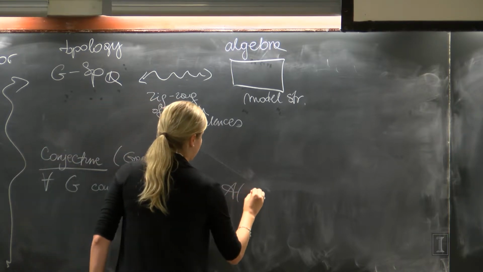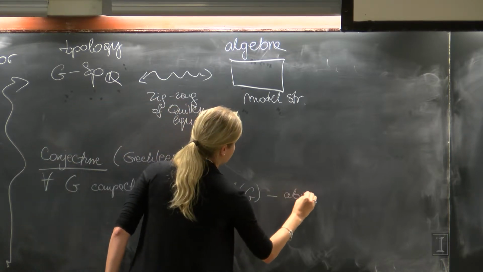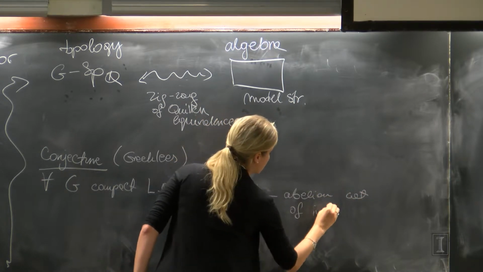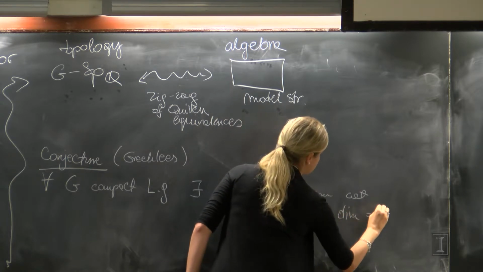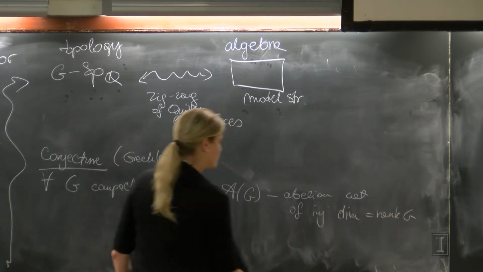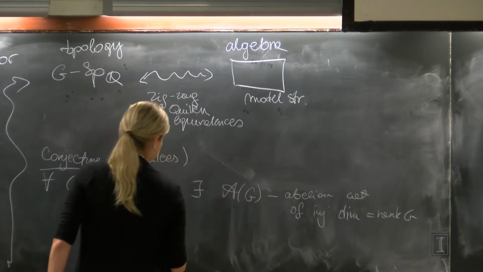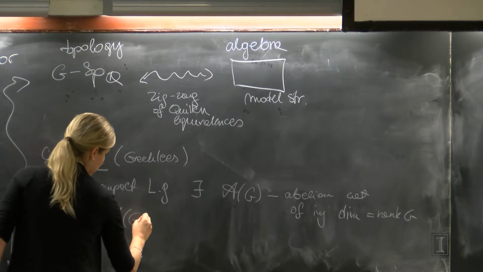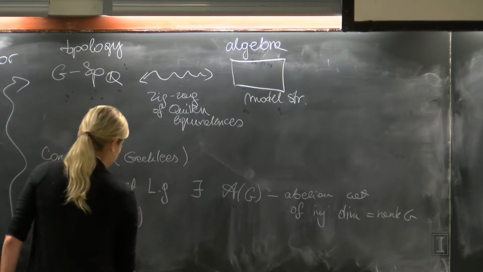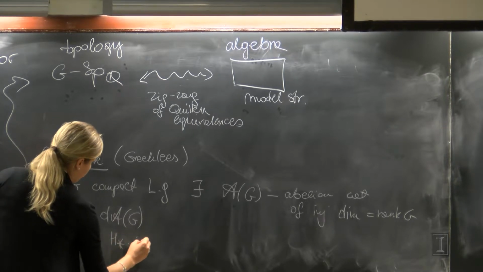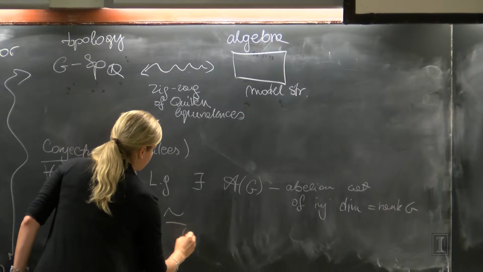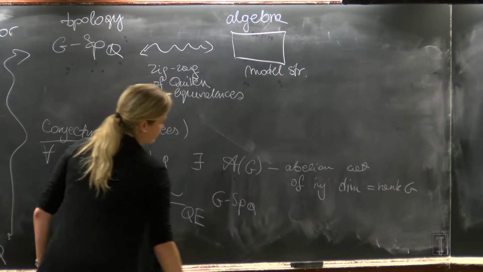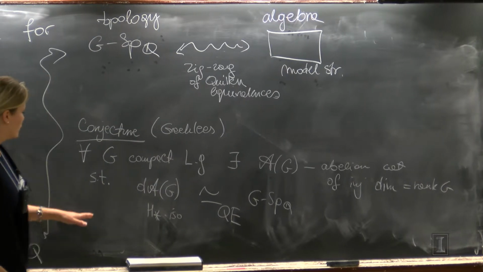There exists an abelian category, so this is an abelian category, of injective dimension equal to the rank of G. So not too complicated, such that if I take a look at the differential objects in this category, together with the homology isomorphisms and the rest of the model structure, I'm going to get a Quillen equivalence to the rational G-spectra. Okay?